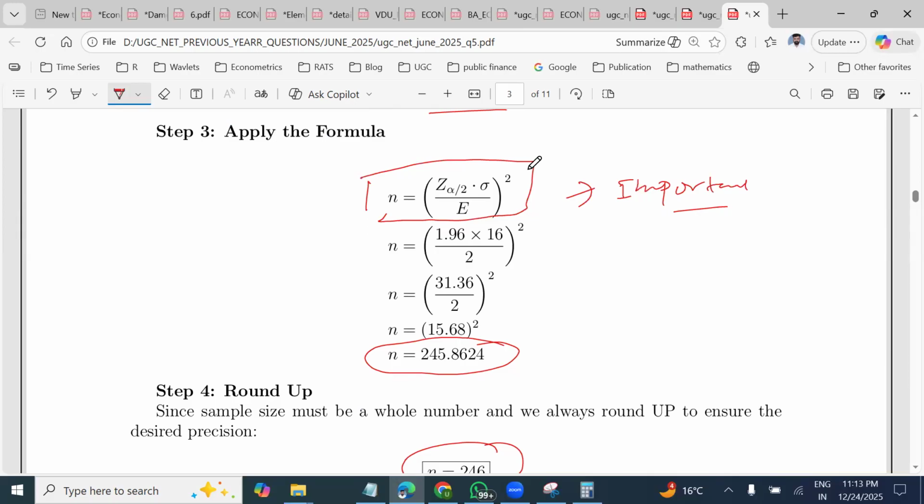Sir, the doubt is how to calculate the Z value here. If the confidence level is 95%, then it is 1.96. If it is 99%, you have to remember that also. Usually 5% is given.